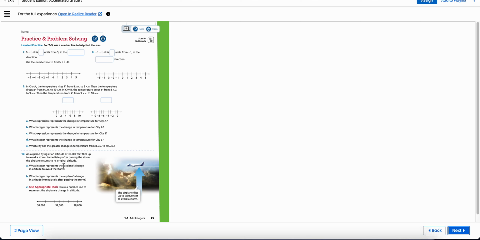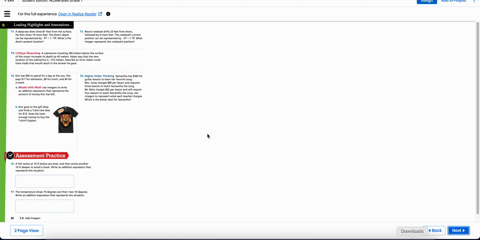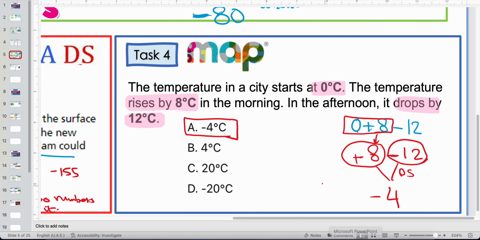I'll do some questions from the last page. I'm selecting some questions that might be challenging while you are solving. Okay, let's do this one.